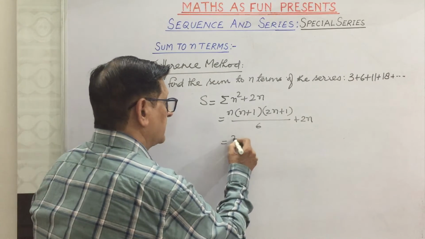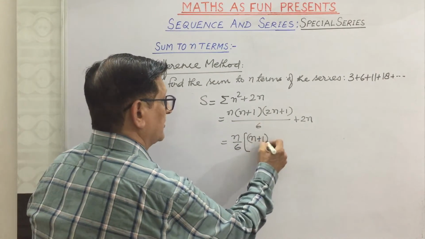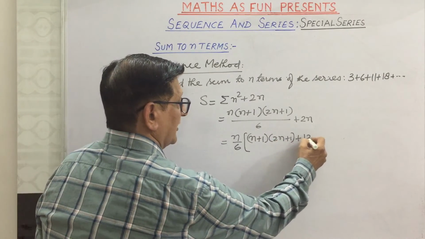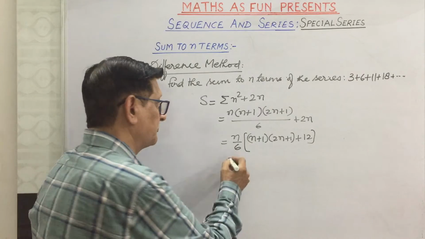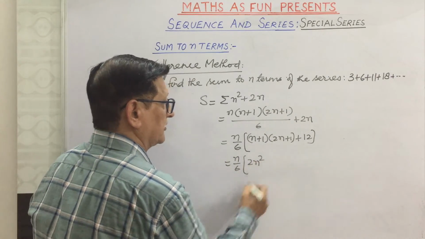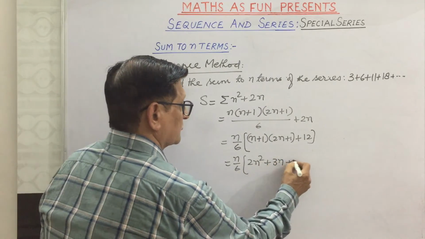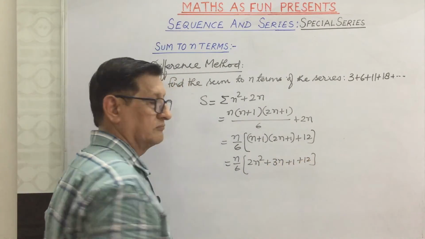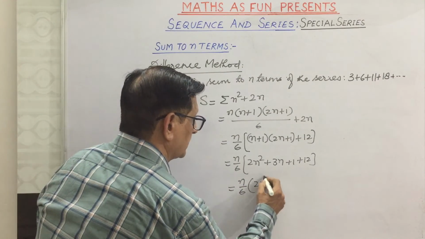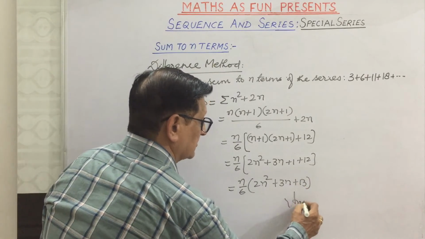Taking n by 6 as common, we get here n plus 1 into 2n plus 1 plus 12. When we simplify, it comes as n by 6. This is 2n square plus 3n plus 1 plus 12, which is equal to n by 6 into 2n square plus 3n plus 13. This is the sum.